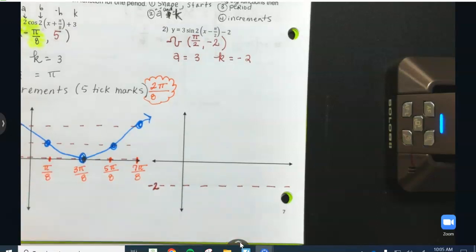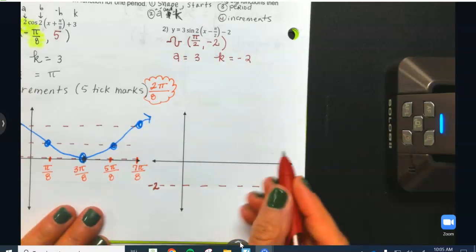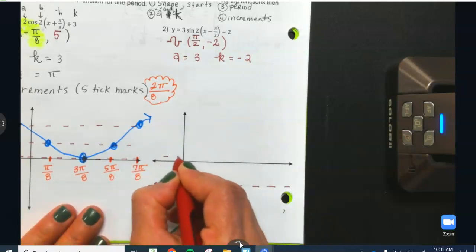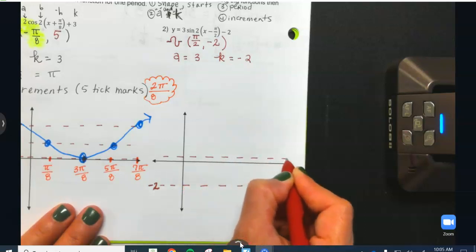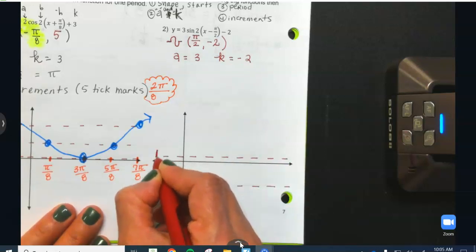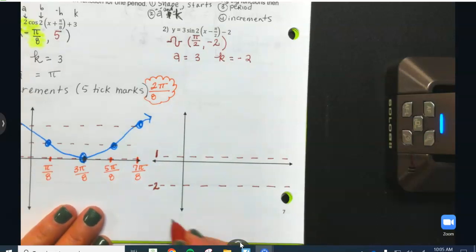And then -2 plus the a value of 3 is going to be a +1. And then -2 minus 3 is going to take us down here to a -5.